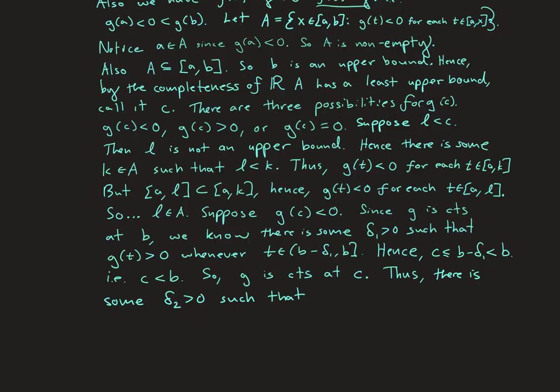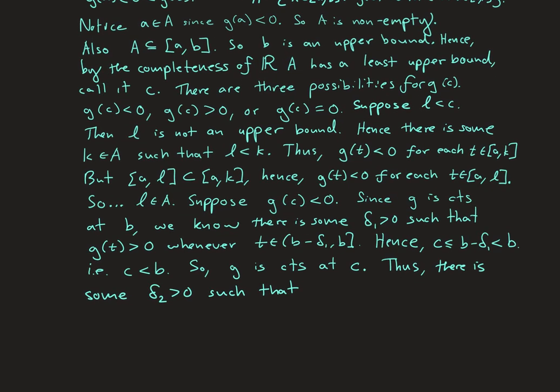And since g is continuous at C, that means there is a delta bubble around C such that g remains negative within that bubble. So there is some delta sub 2 bigger than 0 such that g of t is less than 0 whenever t is a member of that delta bubble.